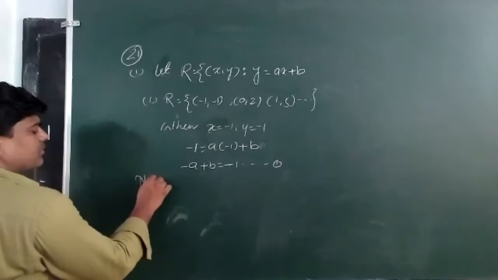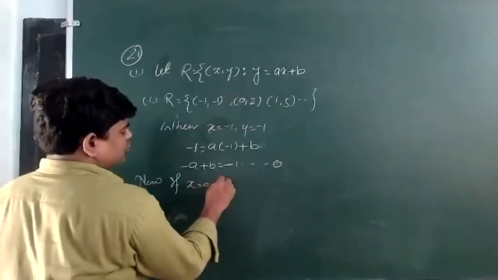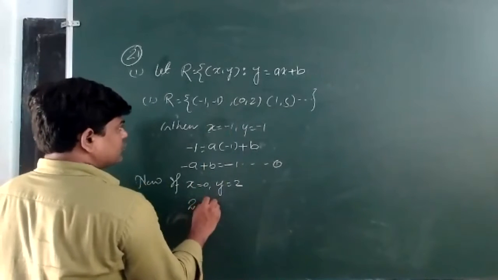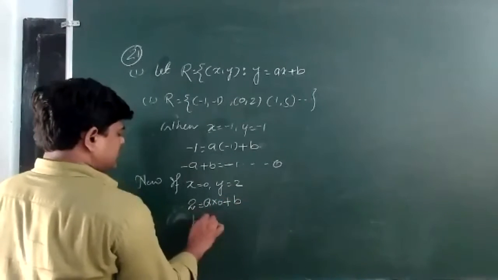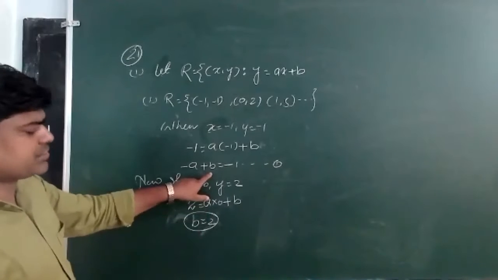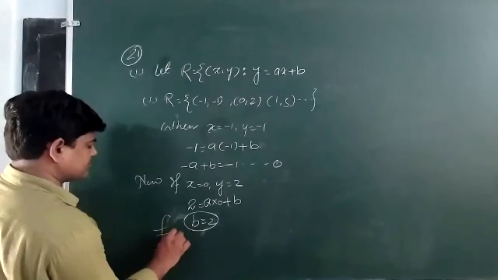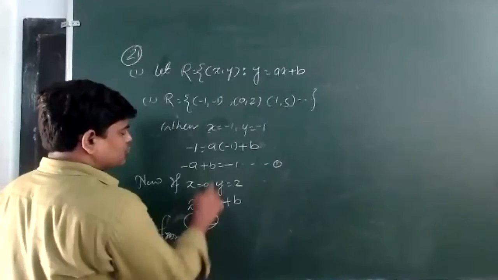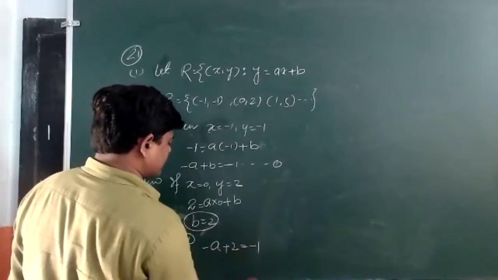Now, if x is equal to 0, then y is equal to 2. Substitute here: 2 is equal to A into 0 plus B. Then B is equal to 2. Now that value of B you can substitute in equation 1. So from 1, what will I get? B is equal to 2 when I substitute: -A plus 2 is equal to -1.